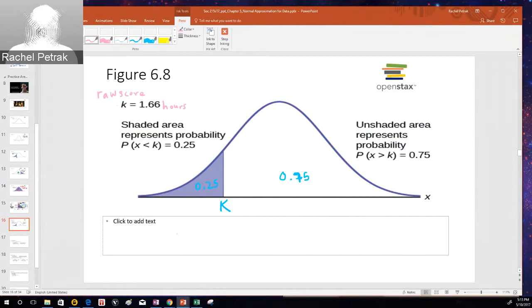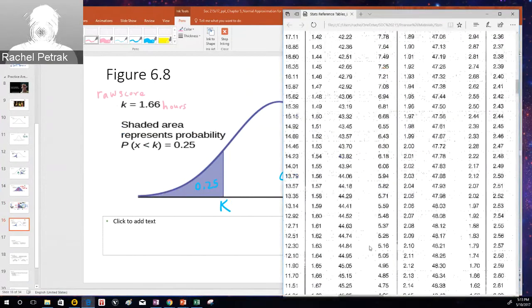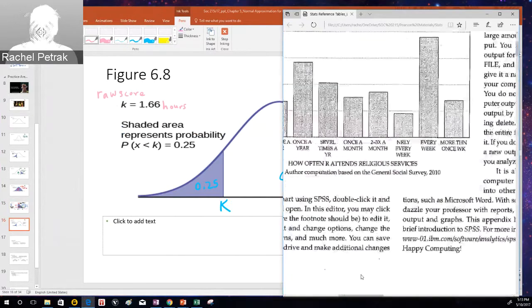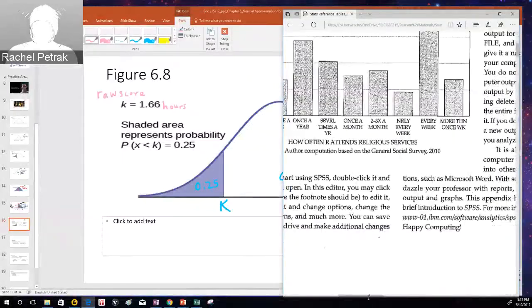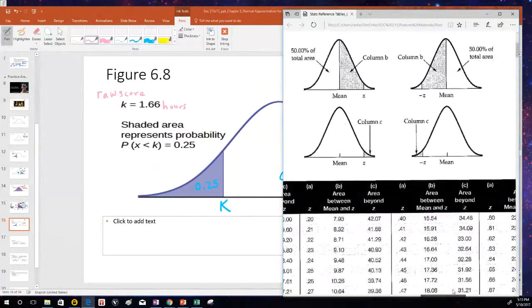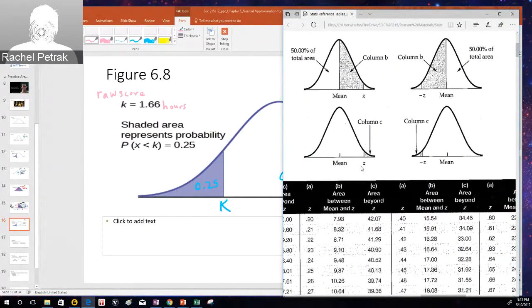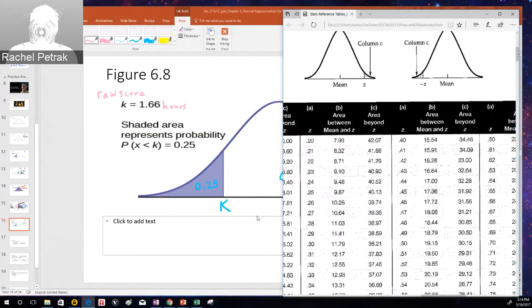If we know that this proportion of the distribution is 0.25, we can go to our z-table, and this is another important application of the z-table. We can use column C to find a proportion or a percentage of 25%, and that's going to tell us the z-score for K. So let's do that.